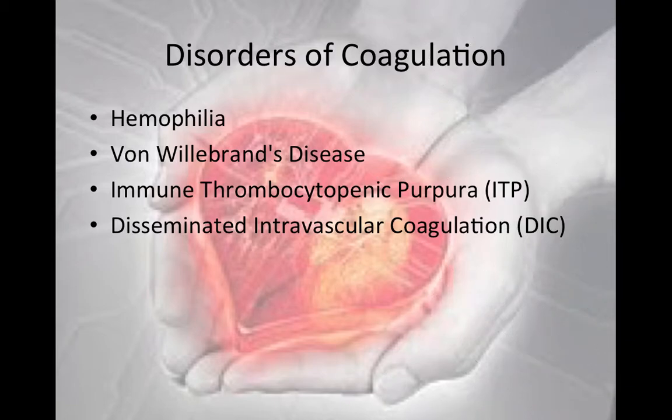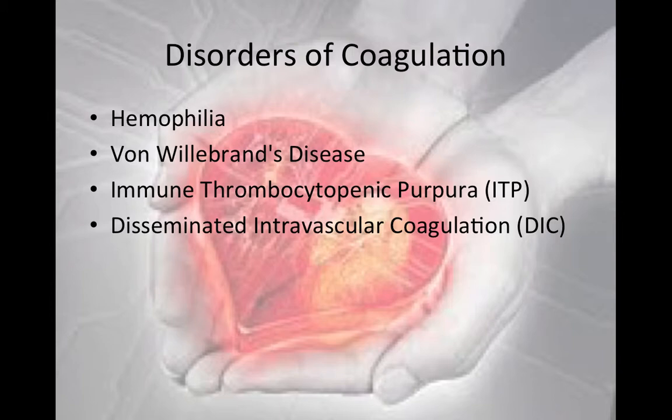Disorders of coagulation. There are 4 that will be talked about: hemophilia, von Willebrand's disease, immune thrombocytopenic purpura or ITP, and your disseminated intravascular coagulation or DIC. Again, I want you to note the difference in what they are and how they're manifested in the body.